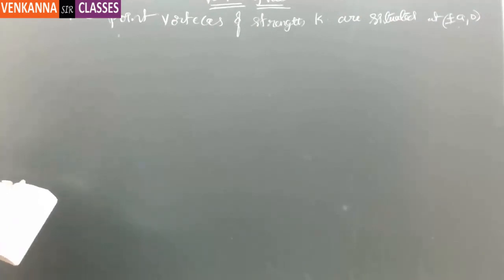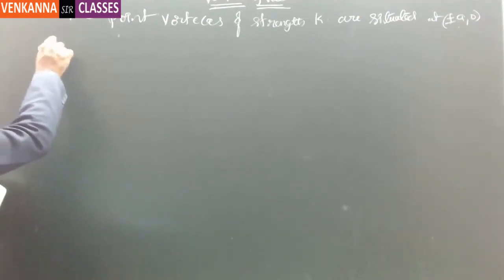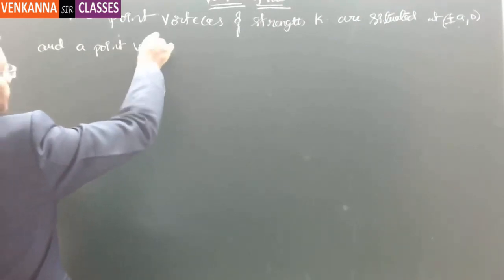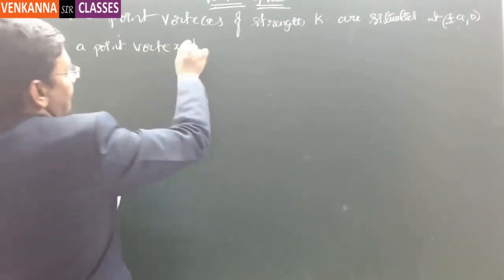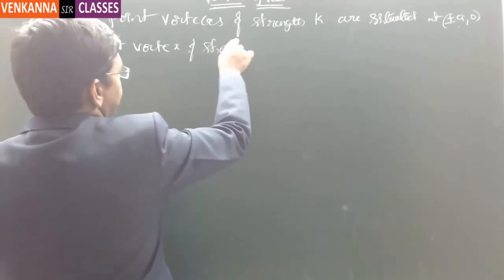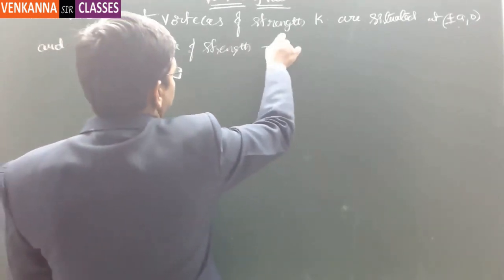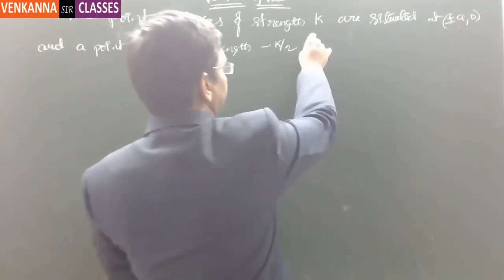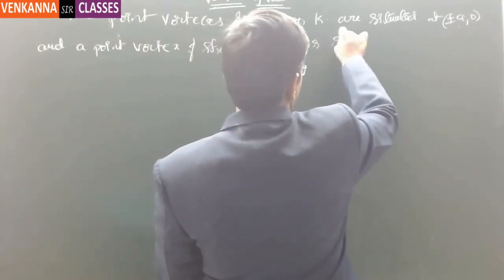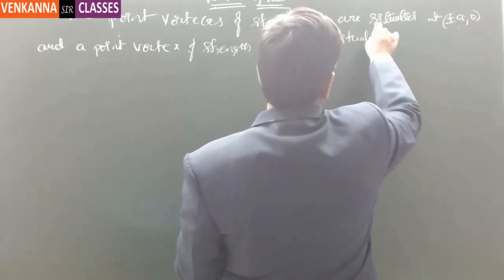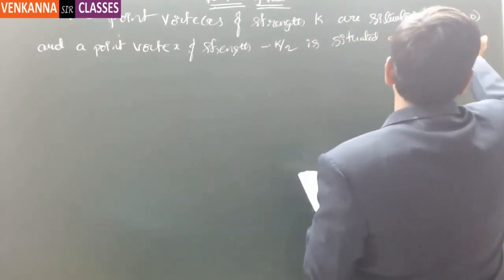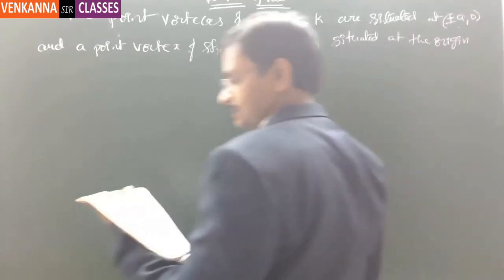and a point vertex of strength minus K by 2 is situated at the origin.